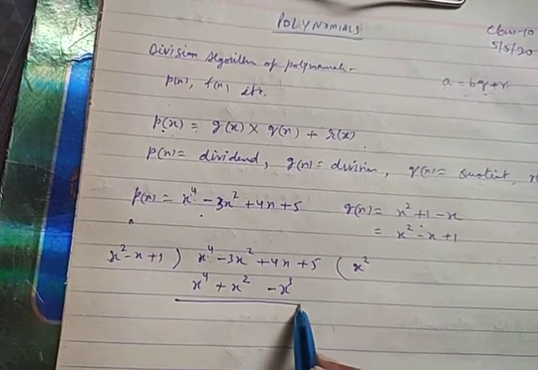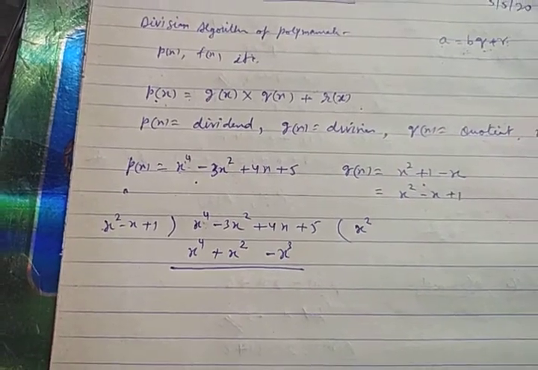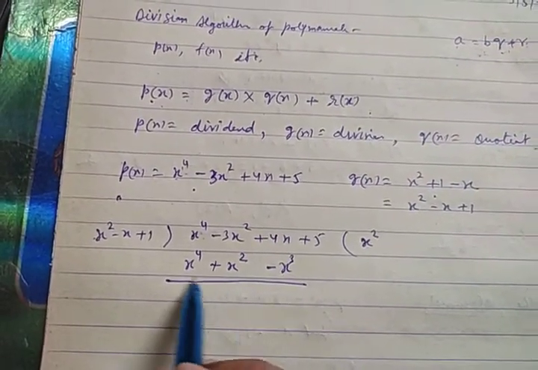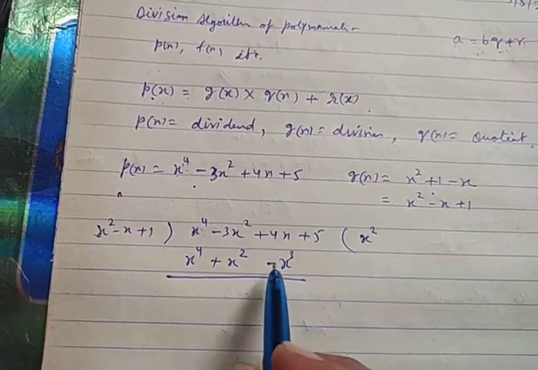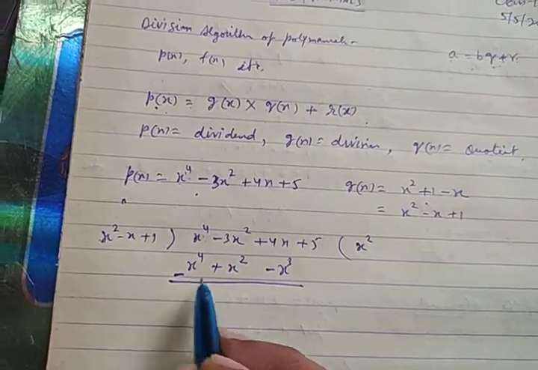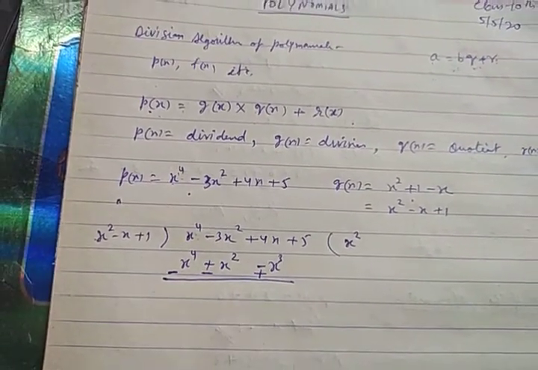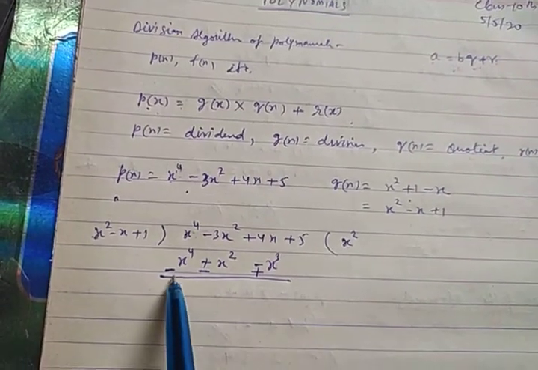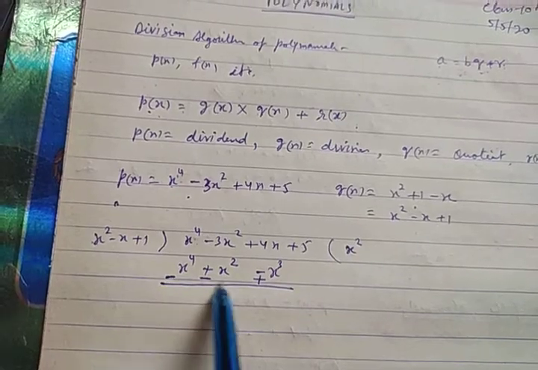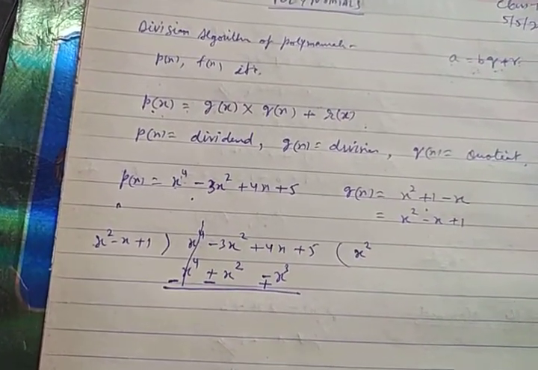Now the process of subtraction will take place. Before going through subtraction you have to change the sign. This step is to be followed carefully. The sign that is plus, you make it minus, and minus you make plus, because when you subtract, the signs of the expressions will be changed. This will be cancelled. What are you getting now?